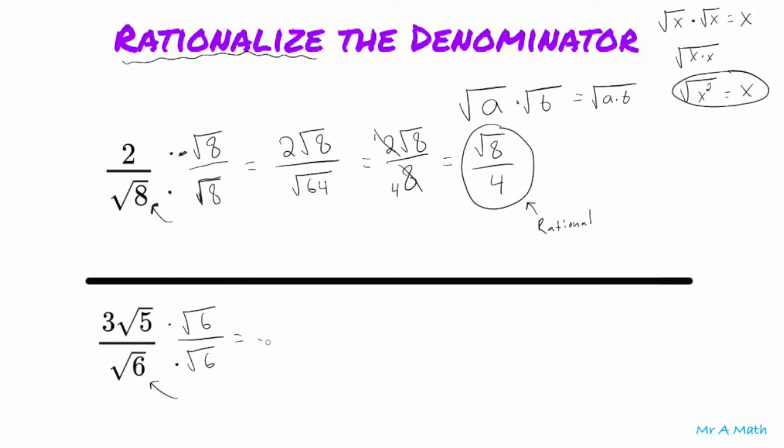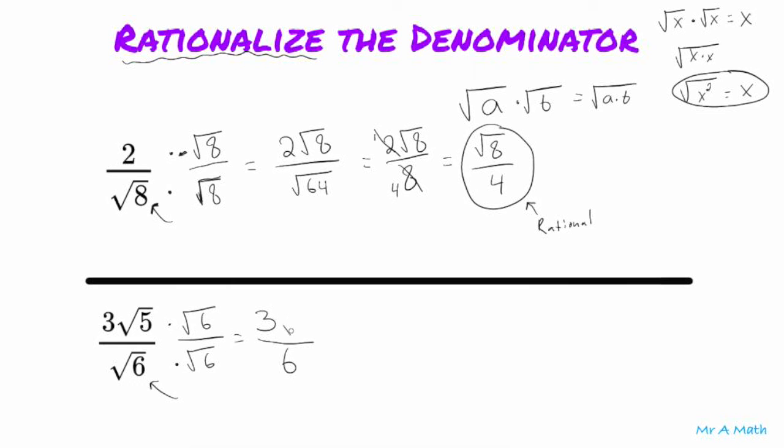And so let's do the denominator first. Remember, square root of some number times the square root of that same number is just equal to that number. So the square root of 6 times the square root of 6 is equal to 6. And then 3 times the square root of 5 times the square root of 6. Well, 3 stays by itself.